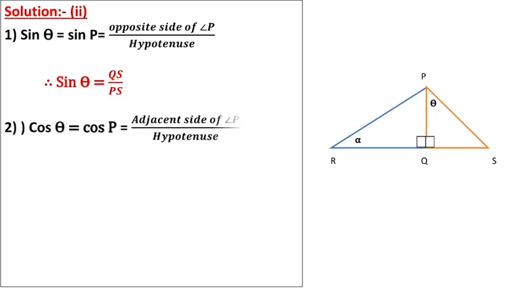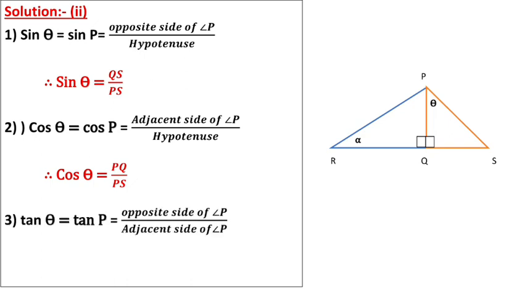The second ratio is given cos theta. Cos theta means cos P because theta is angle P. So our cos formula is what? Adjacent side of angle P upon hypotenuse. The adjacent side of angle P is PQ because QS is the opposite side. So PQ is adjacent. The hypotenuse is our PS. It means PQ upon PS.